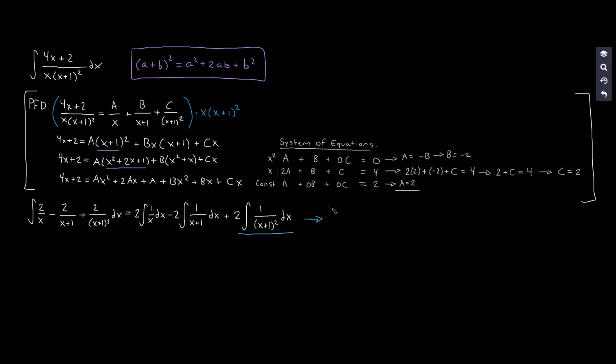So we will do some substitution with this one here. U equals x plus 1, then its derivative is going to be 1, or just dx. And so I'm pretty sure that these are going to go like this.